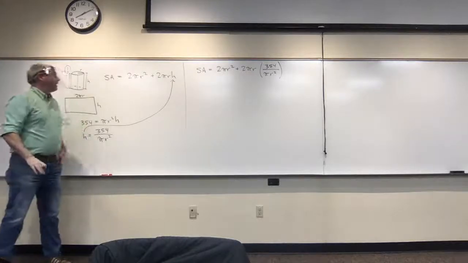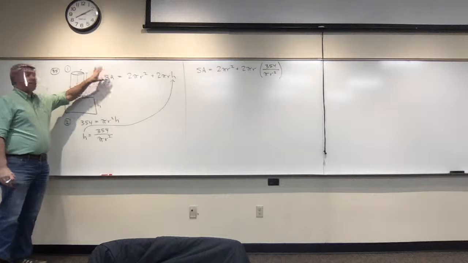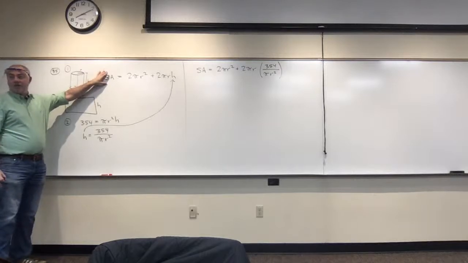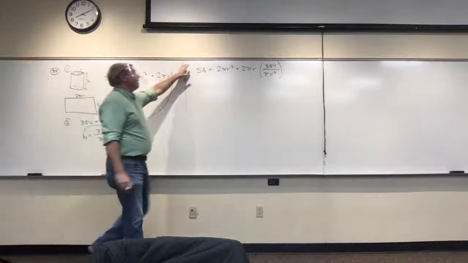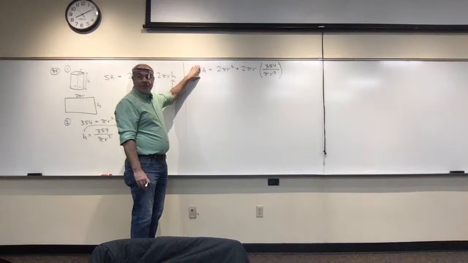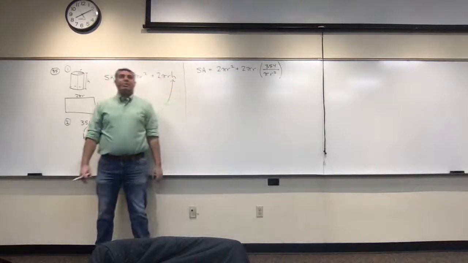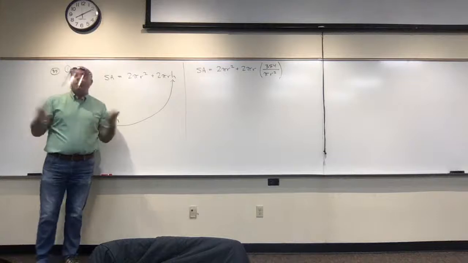Notice something. At the end of step 1, I have a formula for the thing I'm trying to make big or small, surface area. At the end of step 2, I have a formula for the thing I'm trying to make big or small, surface area, right? So you should never say, at the end of step 2, what I came out with was volume.